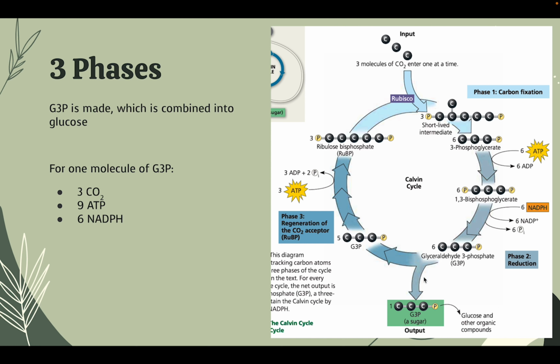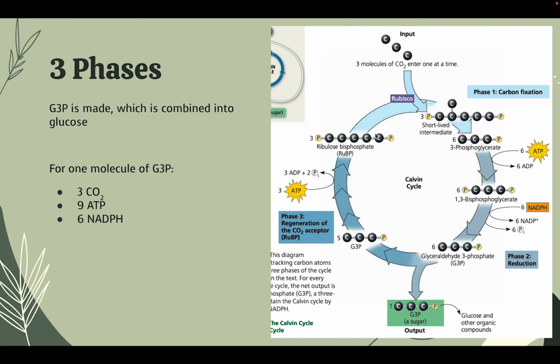So we have 18 carbons, and one of our G3Ps we got just out of these CO2 carbons, so we're going to set that one aside. We can keep that one, but 5 of them are going to go back into the cycle, into the regeneration phase, and essentially what this phase does is turn it back into that RuBP, which can be inserted in the cycle again.